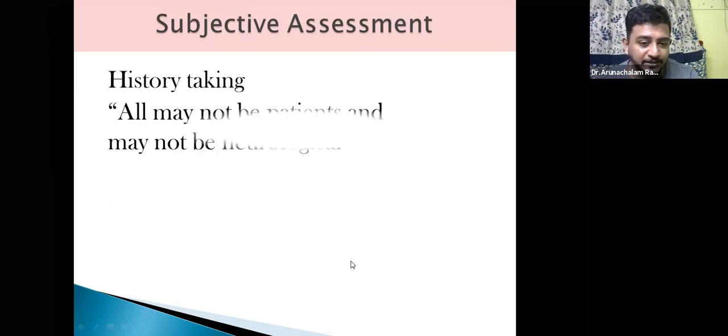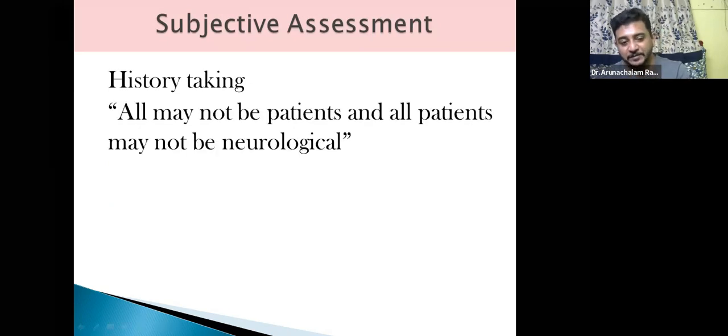Next, the subjective examination. Very importantly, the history taking. This is a very important thing if you are working in a neurological area in a hospital. You should not think all the patients coming to you are having neurological problems. More than this, you should know that all the patients coming with some complaints may not be a patient also. They'll be coming with some psychological issues, like a sort of pain.